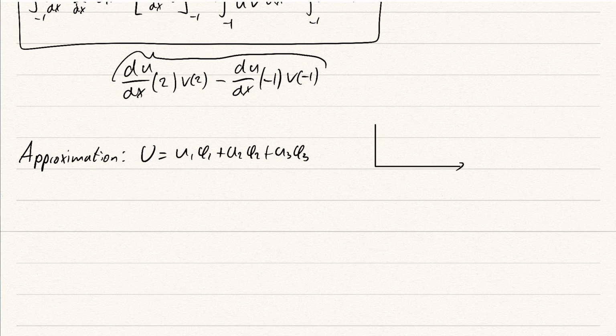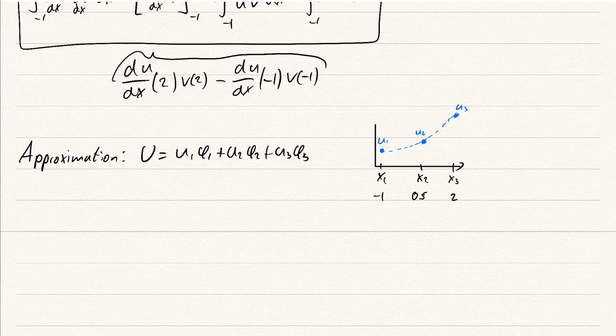We are looking for these 3 points, u1, u2, and u3, and they correspond to x1, x2 and x3 on our domain. Our domain is -1 to 2, and this is going to be the middle, which is 0.5.